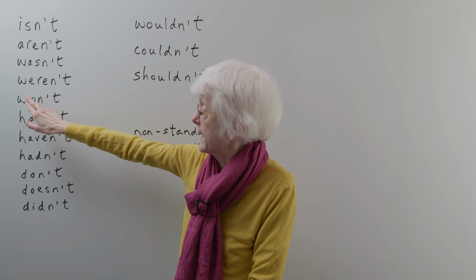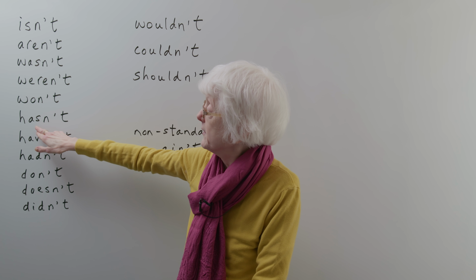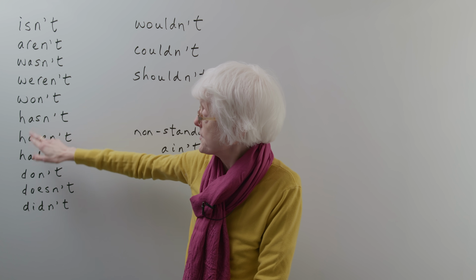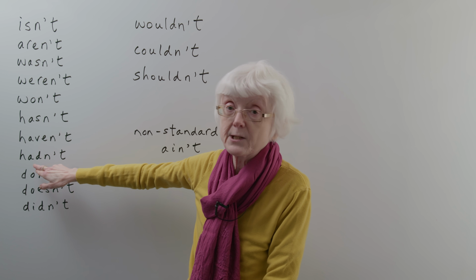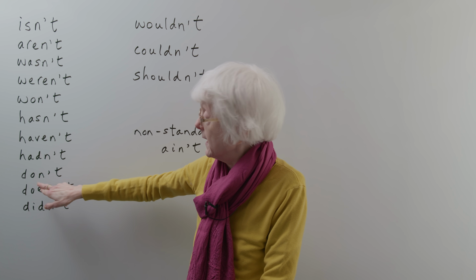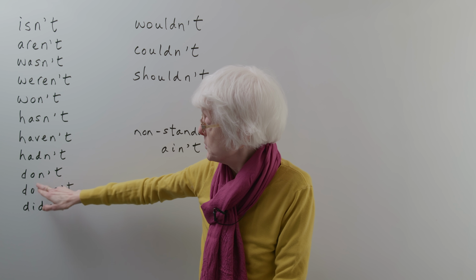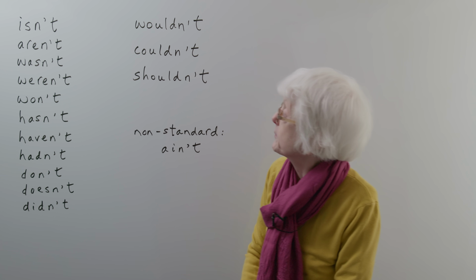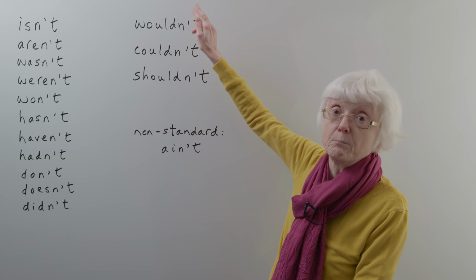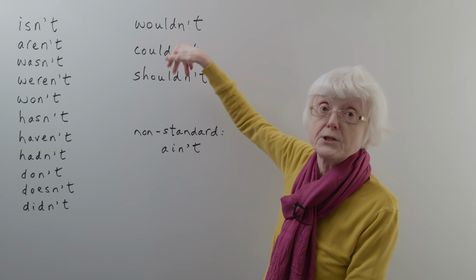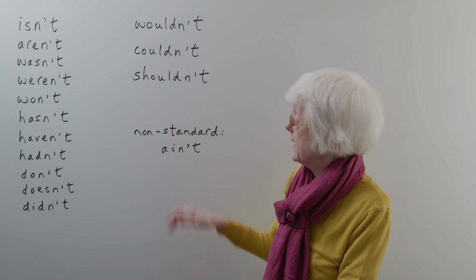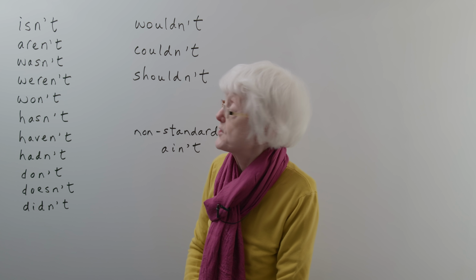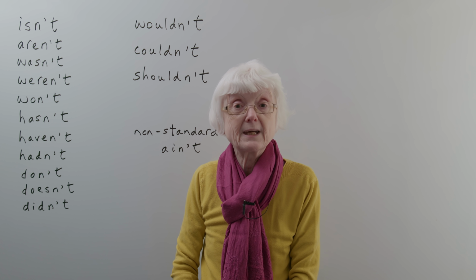We'll come to that again in a minute. The verb to have, has and have, and the past form had, and the verb do, does, did, in the past. Okay, and we also have some conditional ones as well, and a non-standard one. So I'll explain those when we get to them.